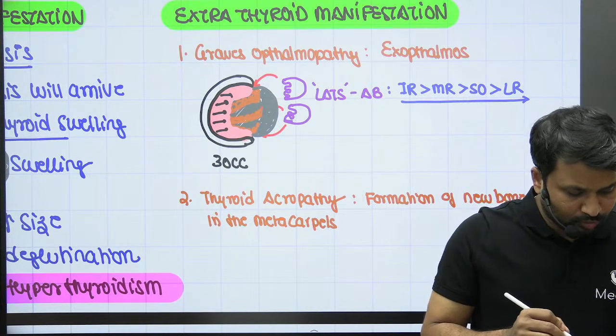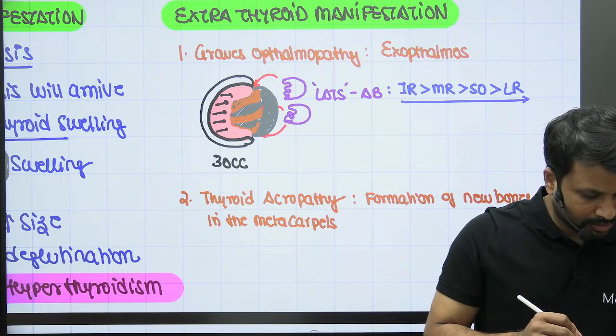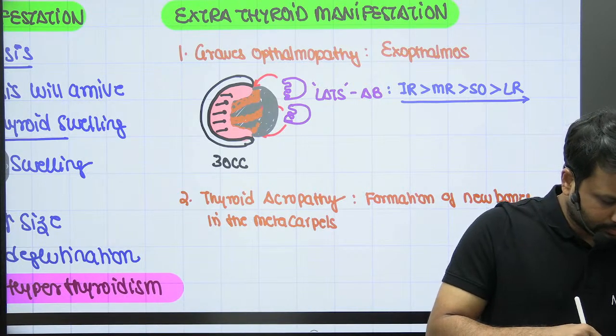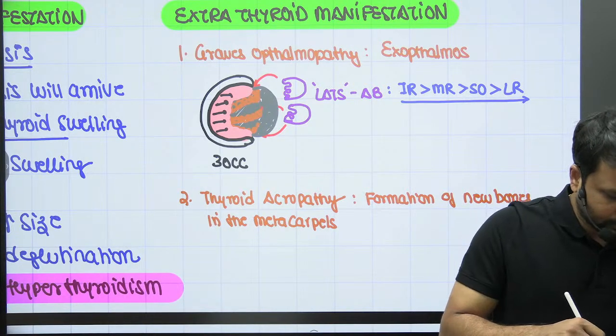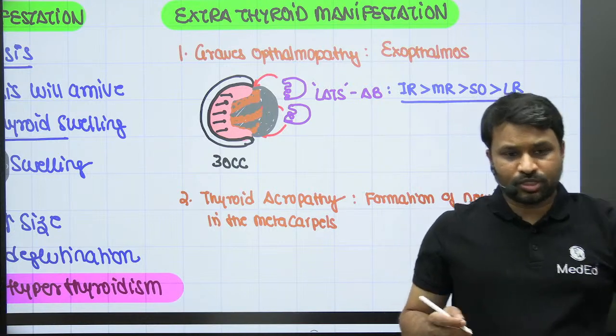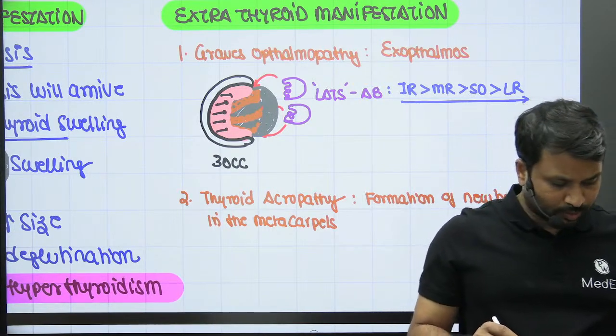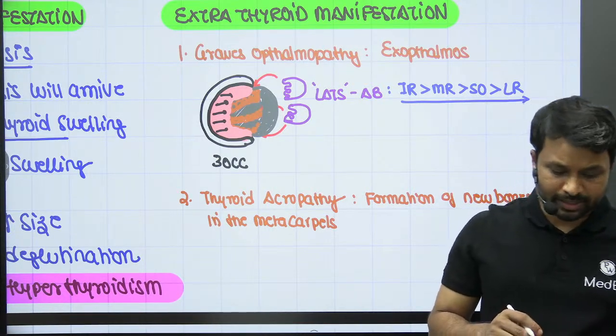This is because of excessive calcium deposit. That is your thyroid acropathy.